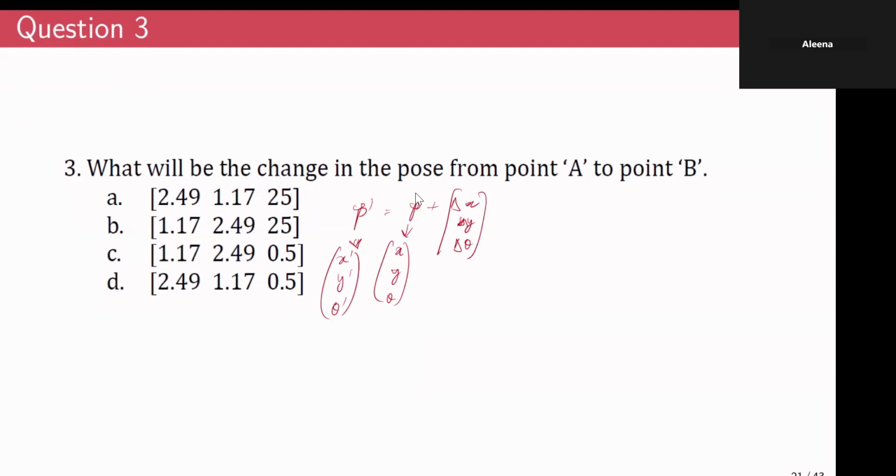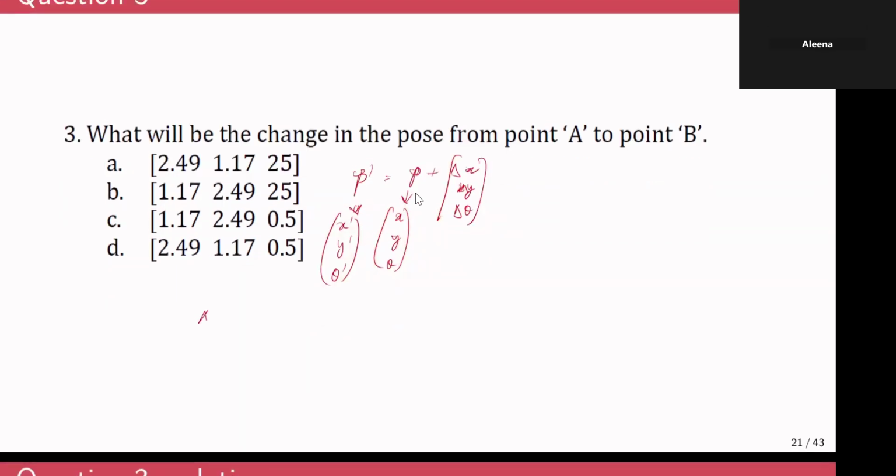Right? And this question basically asks you to find the change in pose. So this is the new pose. This is the previous pose. Change of pose is given by the difference between these two parameters, which is given by this vector. Right? So you have to estimate delta x, delta y, delta theta.